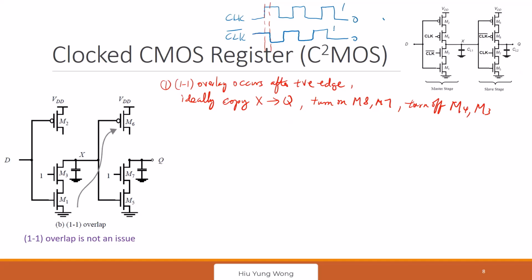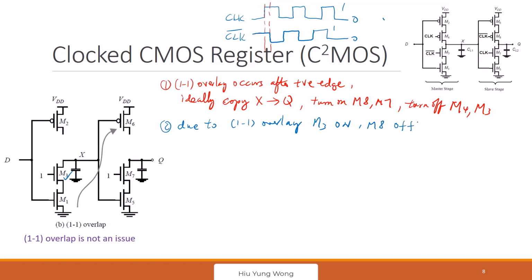So at this point, for example, I expect this clock bar to be low, so turn off M3, turn off this one. But because of 1-1 overlap, M3, which is supposed to be turned off, is on. And then M8, supposed to be turned on right here, is off because of the 1-1 overlap.